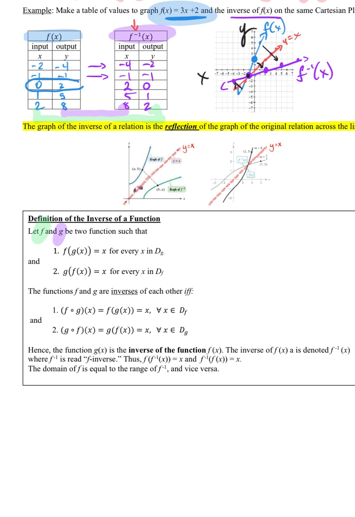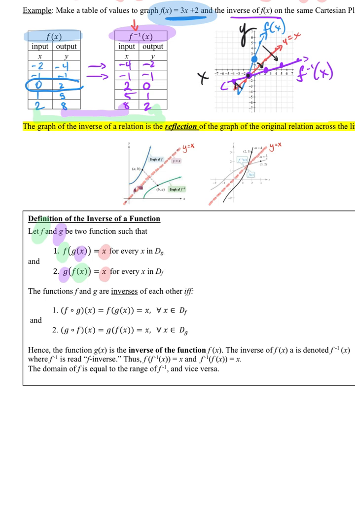For two functions to be inverses of each other, the way that you show that is that you show that the composition of each of the functions composed in different orders, so f composed with g and g composed with f, both of those equal each other, and they each equal x.